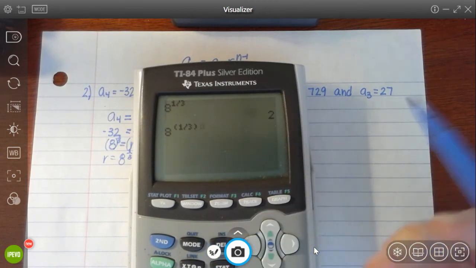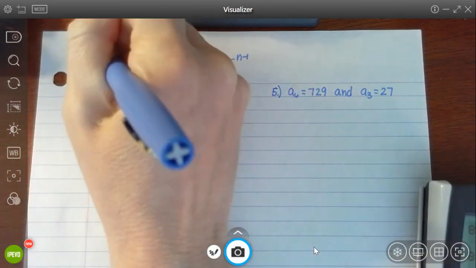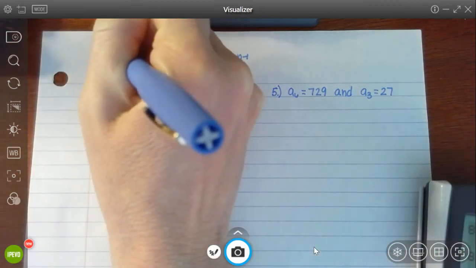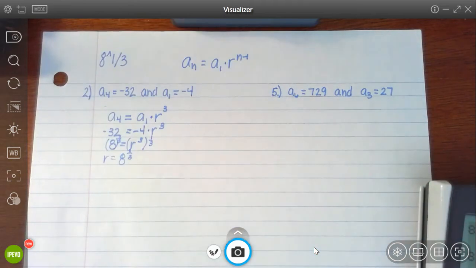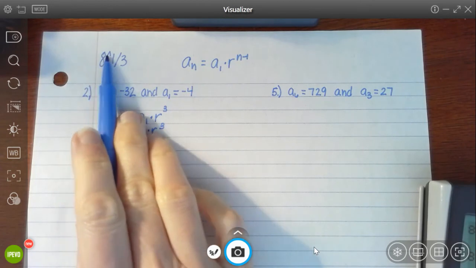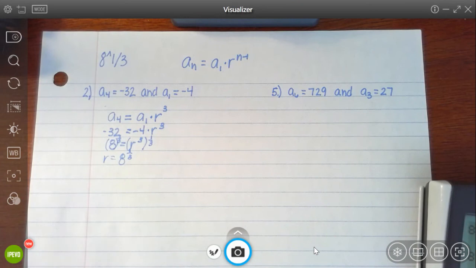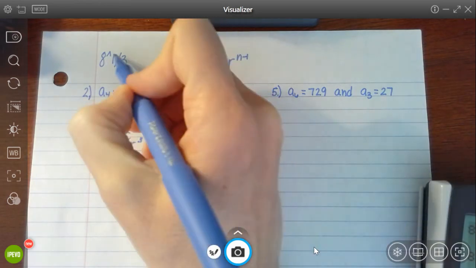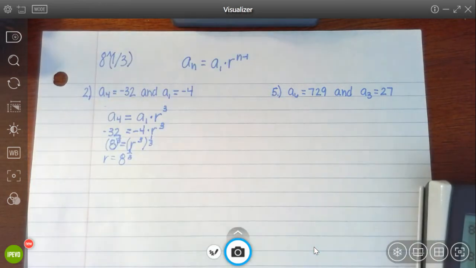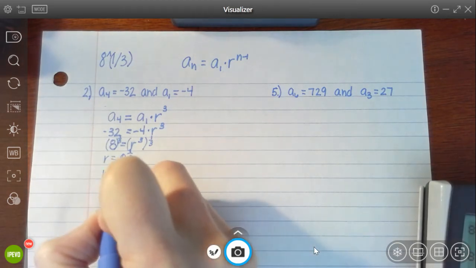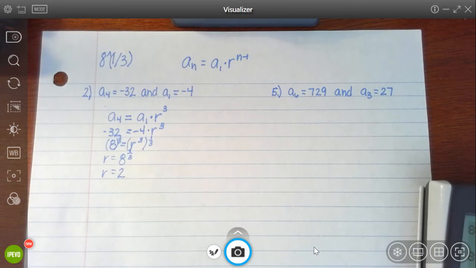And so if I don't use parentheses around that 1/3, my calculator is going to read it as 8 to the 1st, which would be just 8, and then take that and divide it by 3. If you're getting 2.666667 on your screen as your answer for that, that's your problem. So you want to make sure you're using parentheses around that. And then if you do that correctly, you'll find out that r is 2.